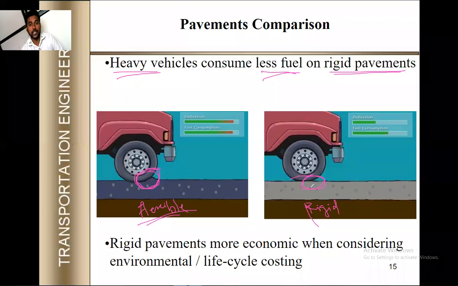So we can say that a heavy vehicle traveling on the rigid pavement will consume less fuel as compared to the flexible pavement. Rigid pavements are more economical when considering environmental and life cycle costing, because the life cycle is longer for the rigid pavement. It will last a long life as compared to the flexible pavement.